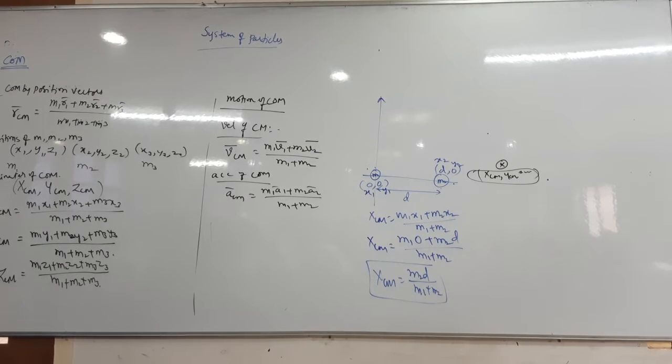If two bodies have the same masses, then the center of mass will lie at the midpoint of the bodies. If those masses are unequal, then the center of mass will lie at the heavier side of the body.